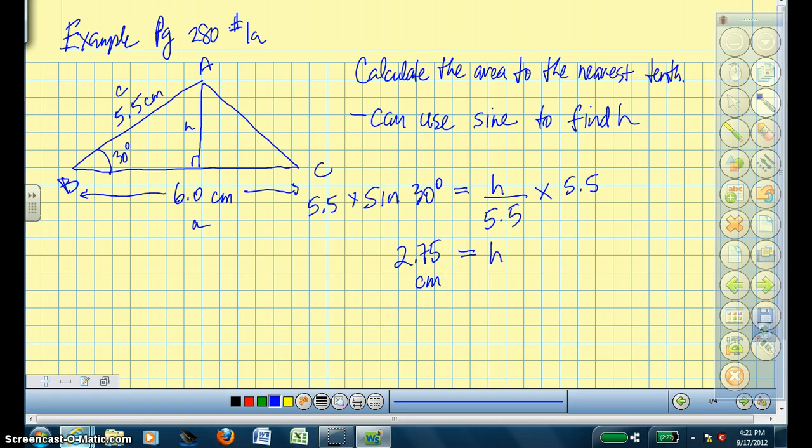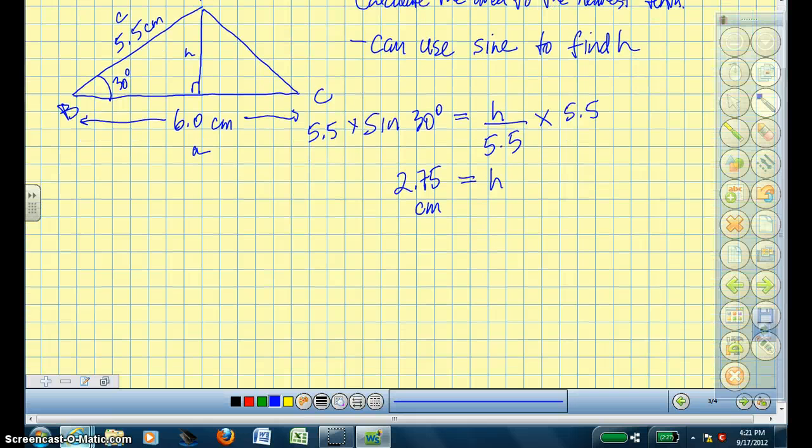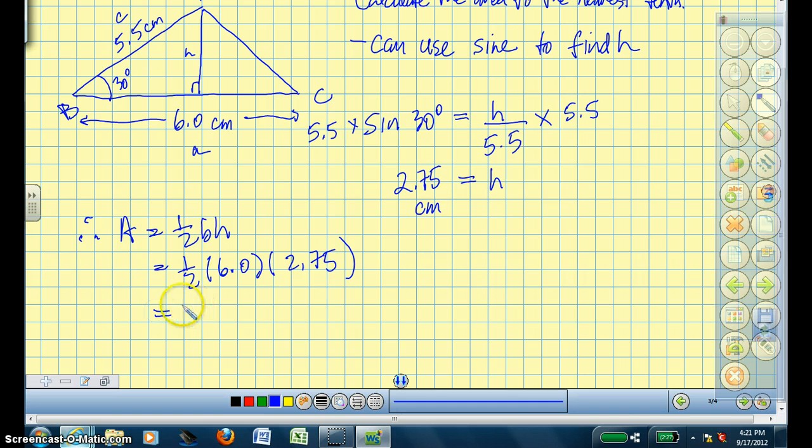Once I have the height, I can now calculate the area. So let me scroll down a bit here. Therefore, the area is 1/2 base times height, 1/2 times 6.0 times 2.75, and I get 8.25 centimeters squared.